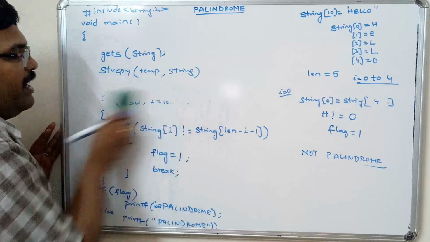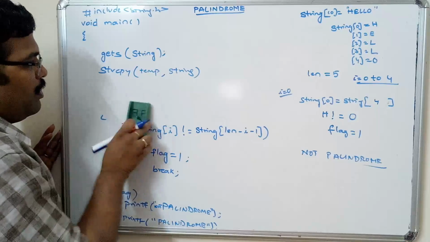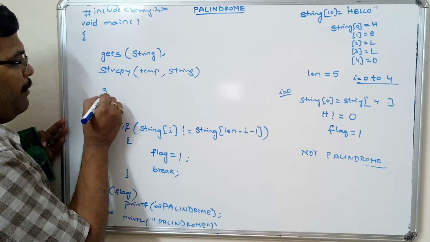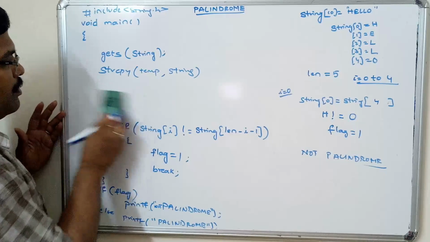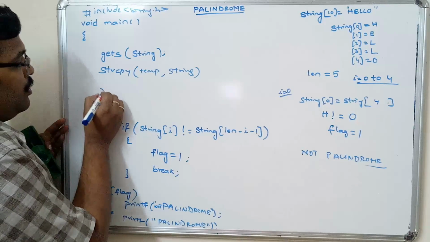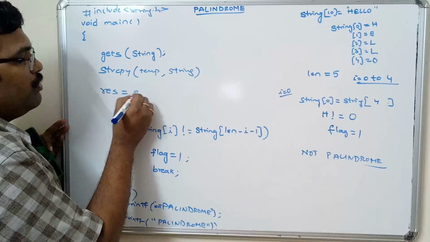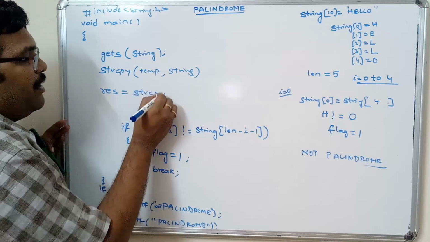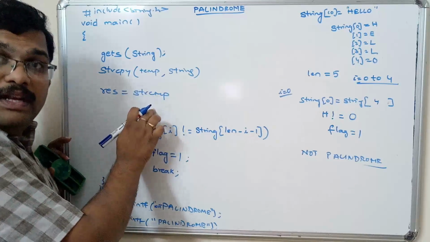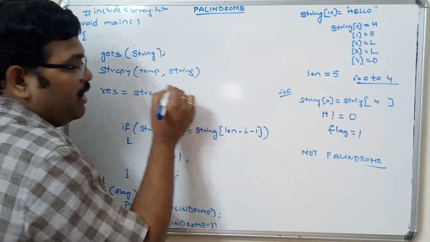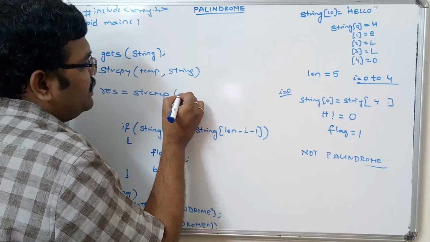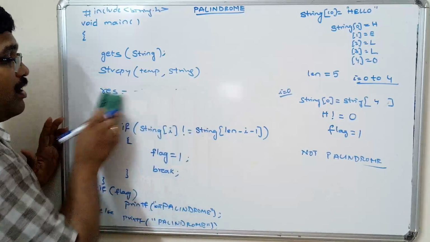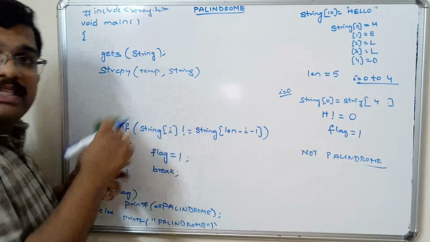Now instead of writing this loop, we can simply apply result is equal to strcmp, string comparison, which will give the result as an integer, either 0 or a positive number or a negative number. Before comparing the string, we have to reverse the string, right?